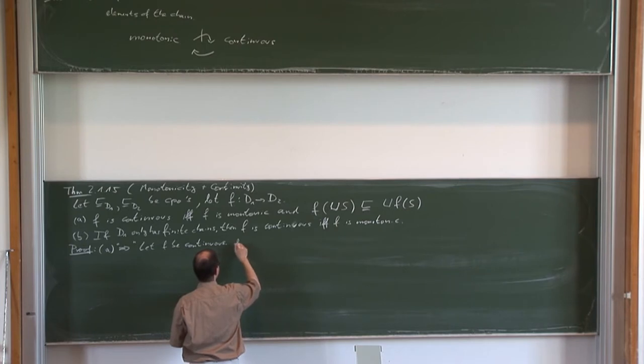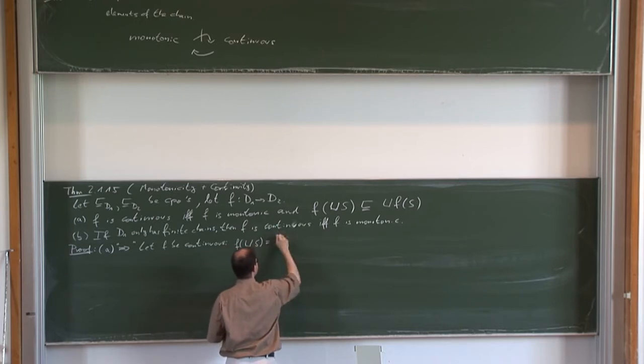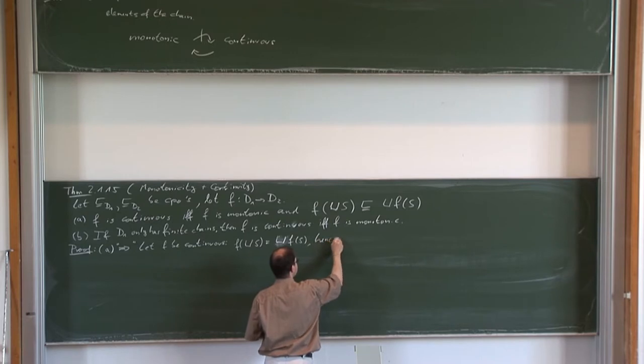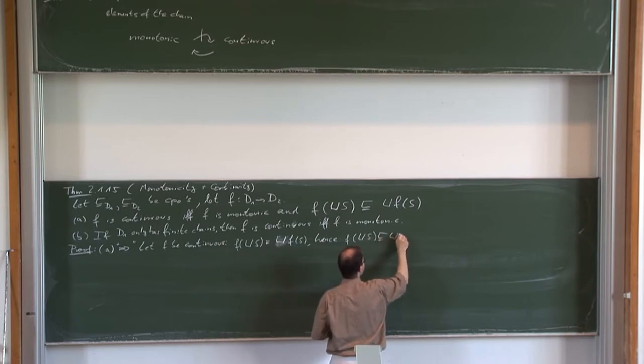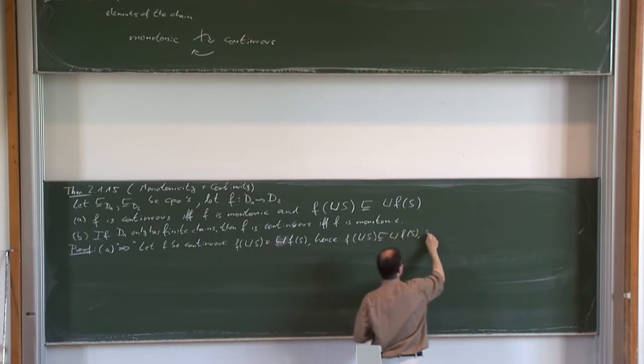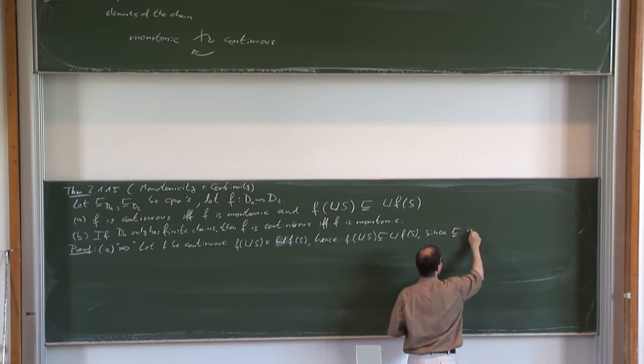So this means these two things are equal. And hence, we also have that this is less defined or equal than this, since this less defined or equal relation is reflexive.